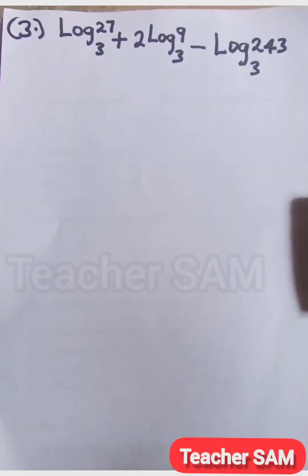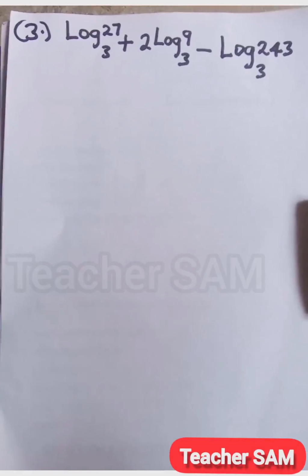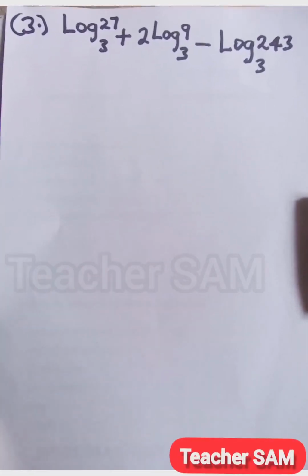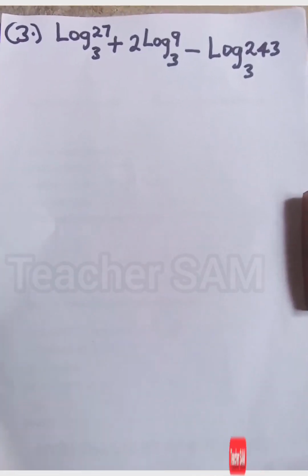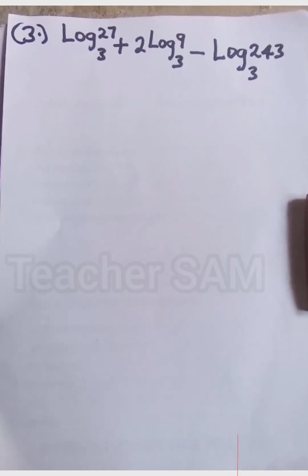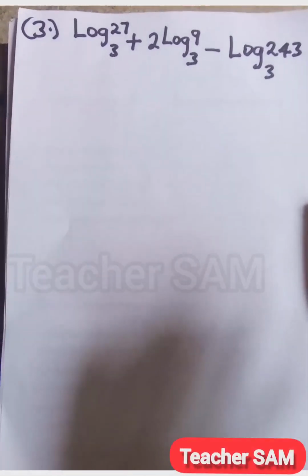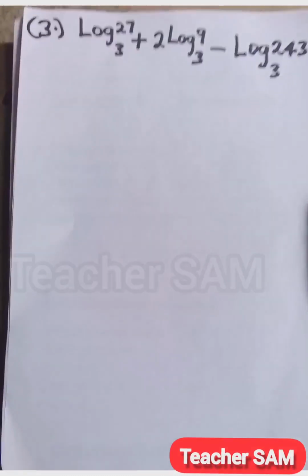We have log 27 to base 3 plus 2 log 9 to base 3 minus log 243 to base 3. I'm going to solve it in this first form first.